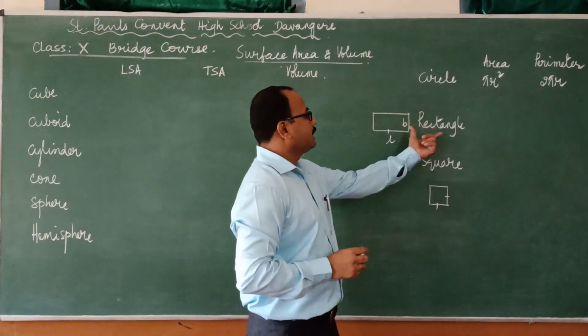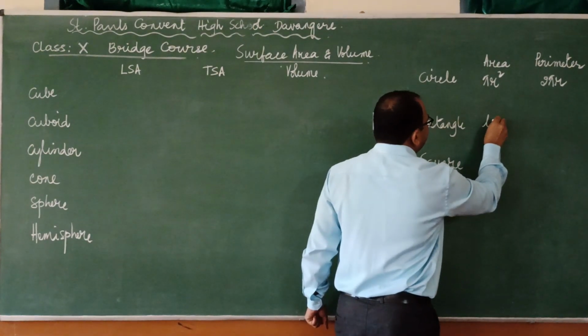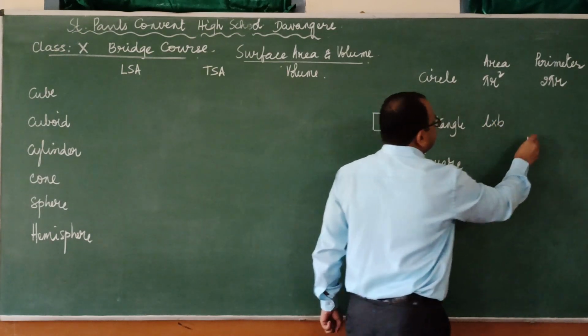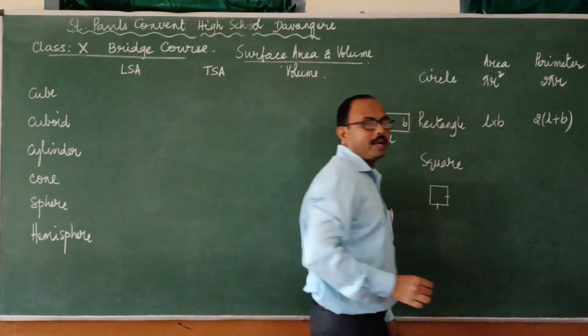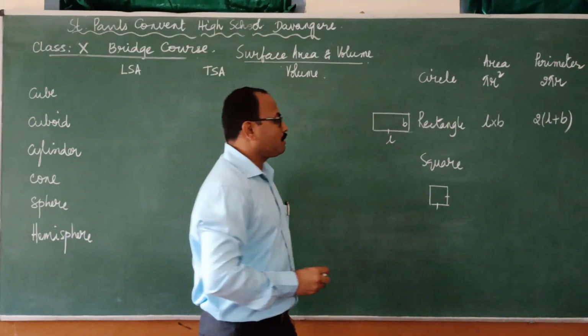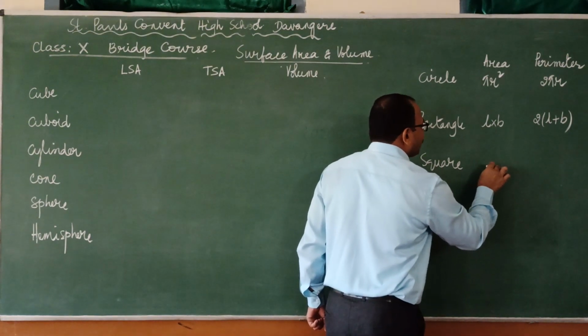The second is rectangle. Area is calculated L into B. Perimeter is twice of L plus B, 2 into L plus B, children. Area of the square is side into side, or length into length. Okay?